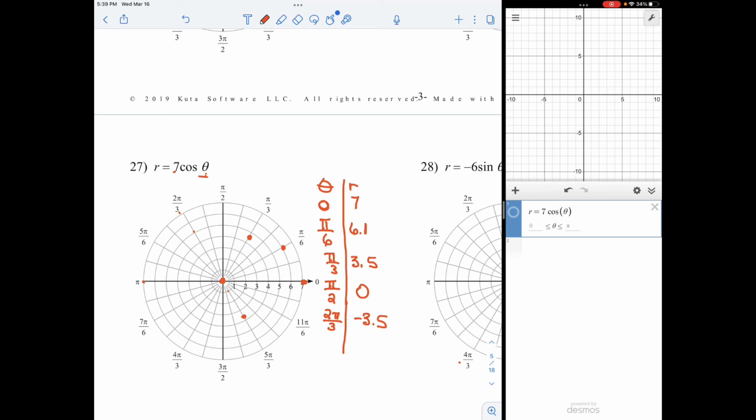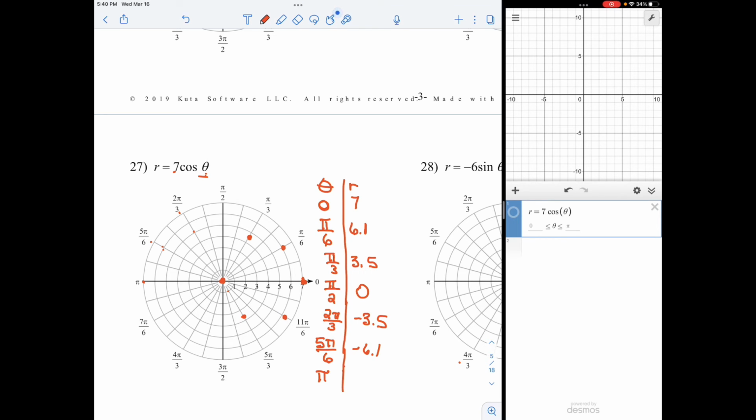And then the next one would be 5 pi over 6. That will also be negative, approximately negative 6.1. Where I would normally graph it here, because it's negative, I will graph it 6.1 here. Okay, so what is this going to look like? Oh, and then let's do pi.